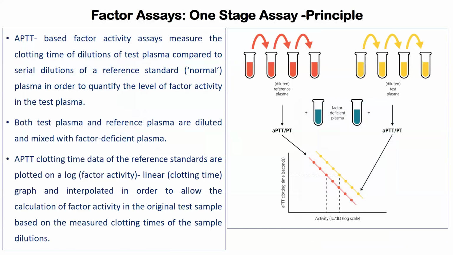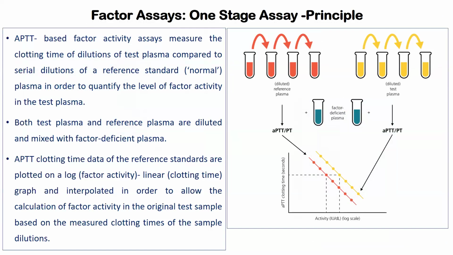So once we've known that the patient is missing factor 8 or factor 9, the next stage is we need to do a factor assay, the quantification. What is the level of factor in the patient? The factor assay is a one-stage APTT.